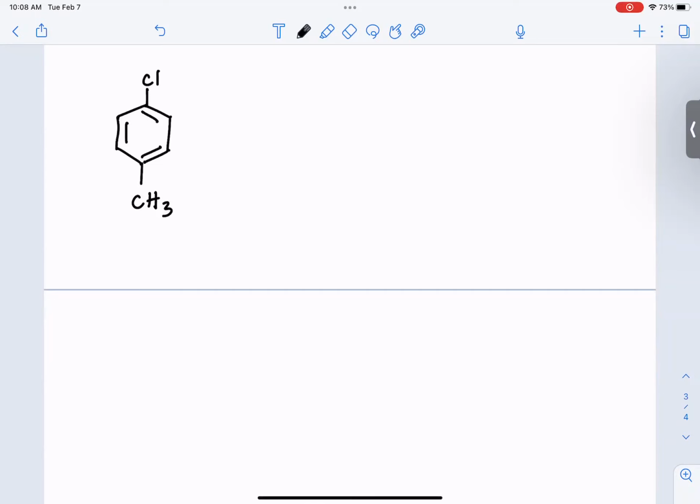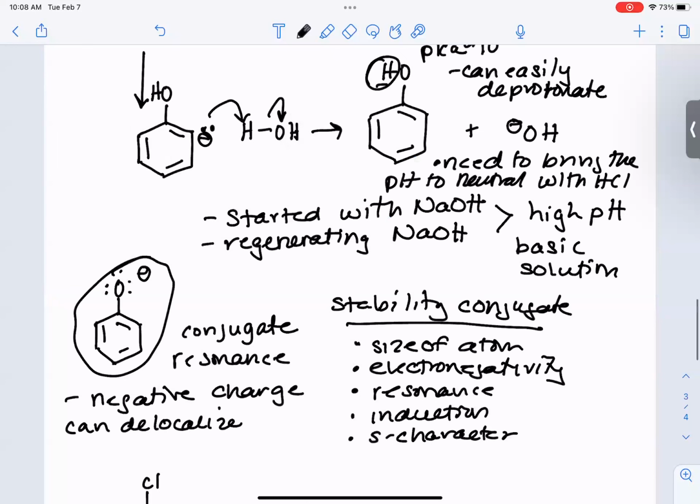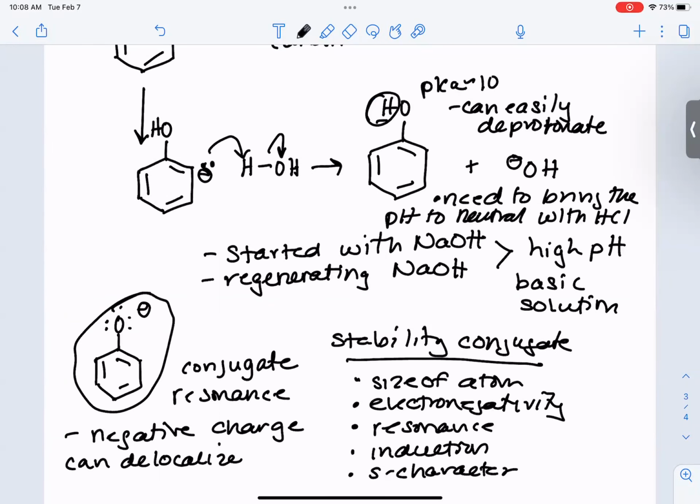I don't just have the single leaving group. I'm going to add my basic nucleophile. Before we start this, the product of the last one, without the substituent, is just the single product. It's just the phenol, right?